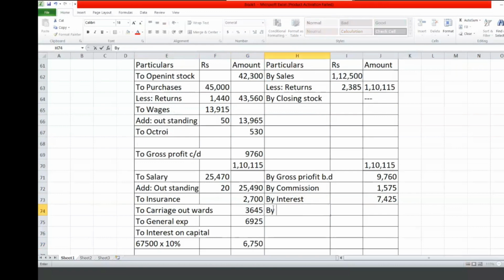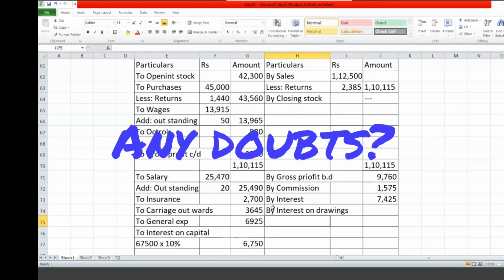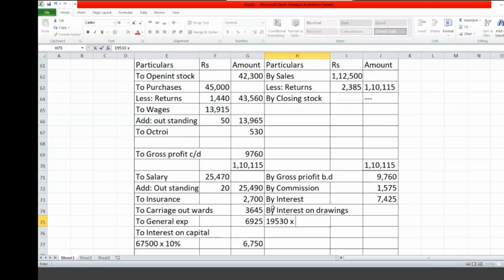By interest on drawings. What is the amount of drawings? 19,530. On that, 5%. So calculate how much you will get. 19,530 into 5% is 976.5. I'll take it as a round figure, 977.